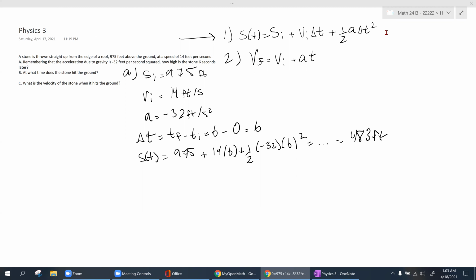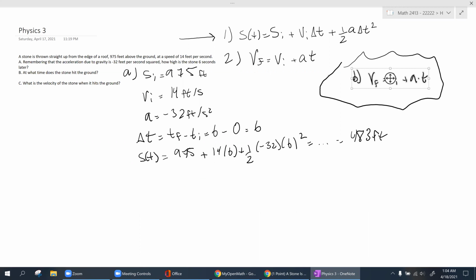So for B, you're going to want to use the second formula, where your final velocity is equal to your initial velocity plus acceleration times time. Actually for this one, we're going to take a shortcut instead of using this one. I'll come back to this one.